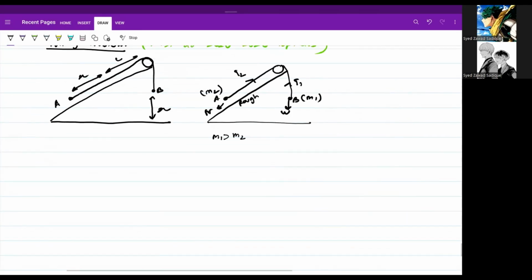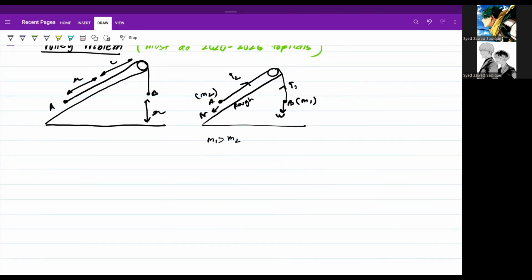Okay, right. So, of course, weight minus tension 1 plus tension 2 minus friction equals m1 plus m2 times acceleration, which is the combined acceleration. T1, T2 cancels out. M1 weight minus friction equals m1 plus m2 times acceleration.